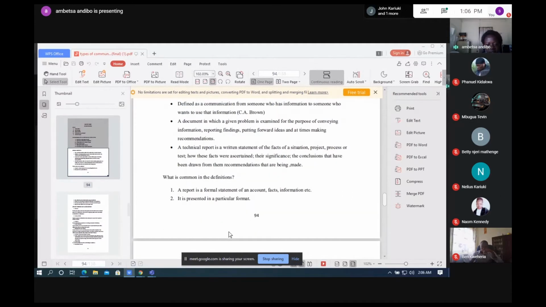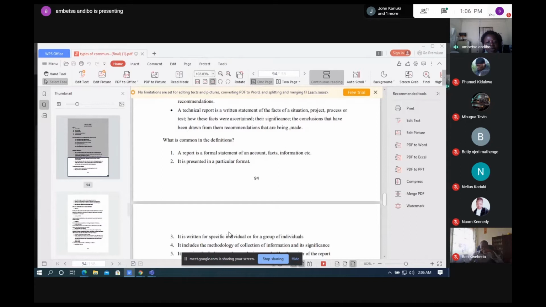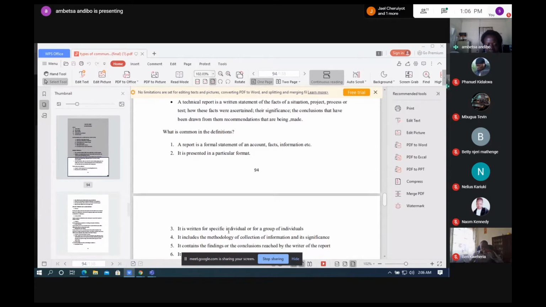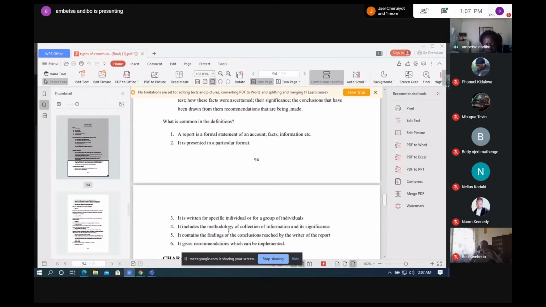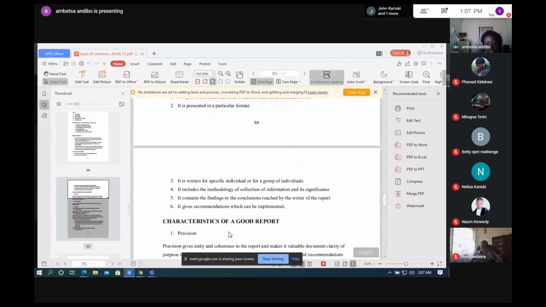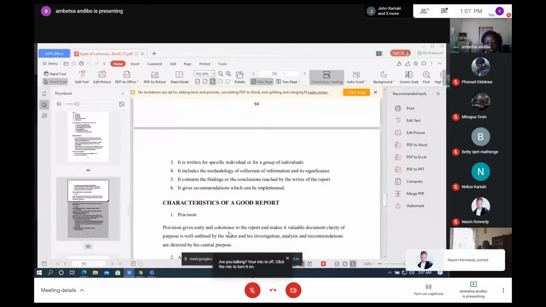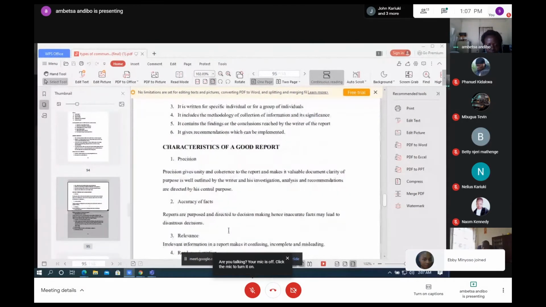So basically, you just have to say it is a formal statement of account presented in a particular format, written for a specific individual, including methodology, findings, and recommendations.